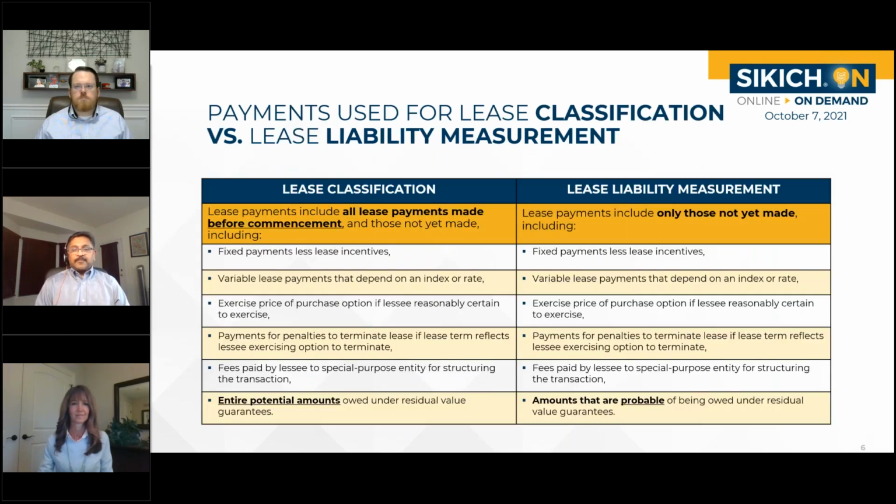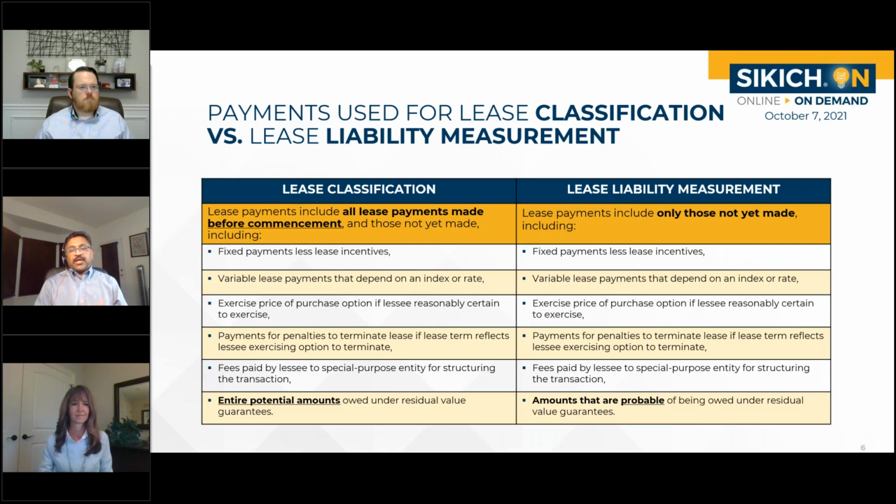All right, so this slide, let's look at what lease-related payments are used to determine lease classification and measure lease liability. I'll go in detail at least on one side of this table.